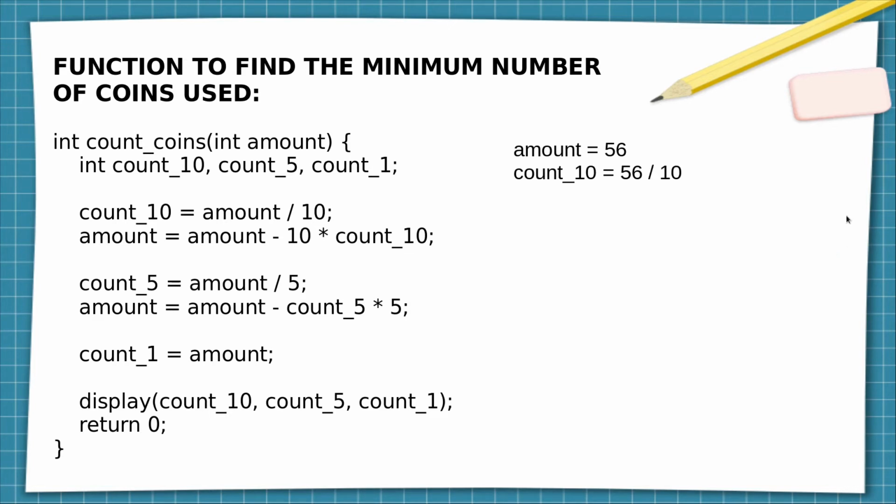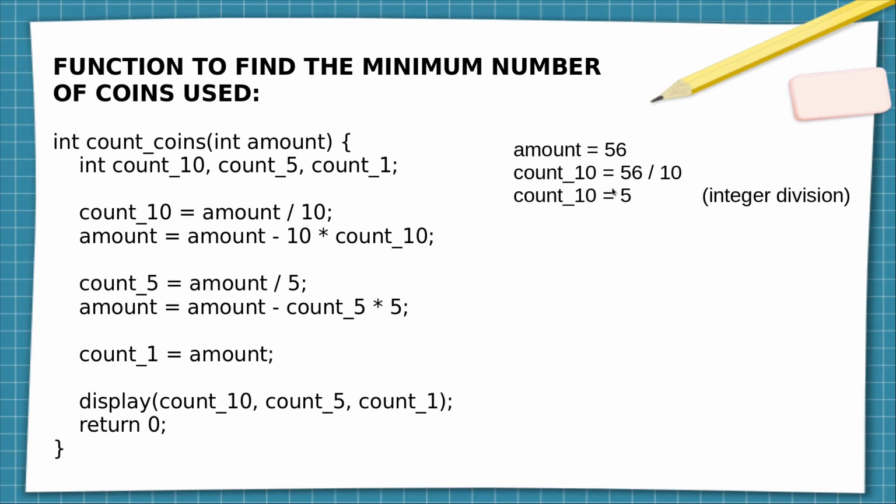So the count of coins of denomination 10 will be equal to 56 divided by 10, which will be equal to 5 since this is integer division. So the number of coins of denomination 10 we will be using to pay is 5.